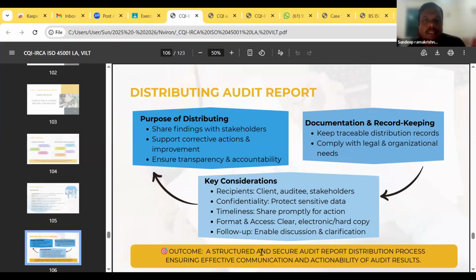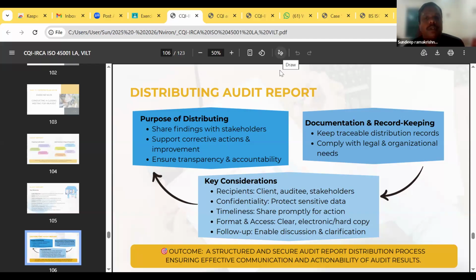The key considerations whenever you want to share the audit report: all the recipients, the auditee, stakeholders. Confidentiality of the audit report has to be protected. All sensitive data you may have got in the audit has to be protected. It should not be shared with any third parties without the consent of the auditee.